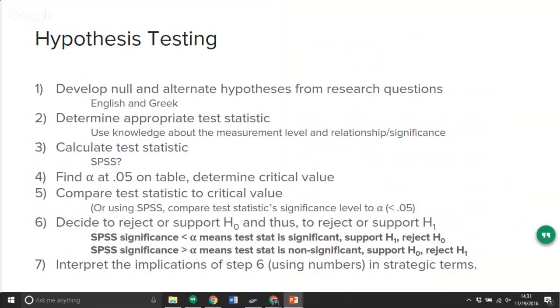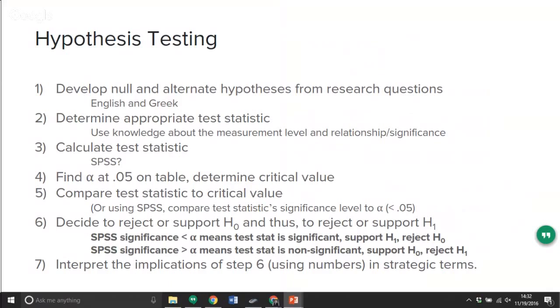So we can develop the null hypothesis both in plain English and also using Greek symbols. And if you recall, we always use Greek symbols to make hypotheses about a population, not about a sample. We use the sample to make inferences about the population, but we always make hypotheses about the population.